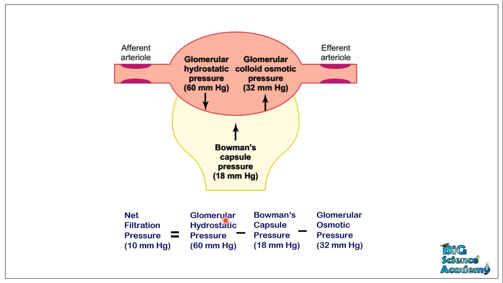We can see that the glomerular hydrostatic pressure is 60 mmHg, Bowman's capsule pressure is 18 mmHg, and glomerular osmotic pressure is 32 mmHg. And we can see that the net filtration pressure is 10 mmHg.